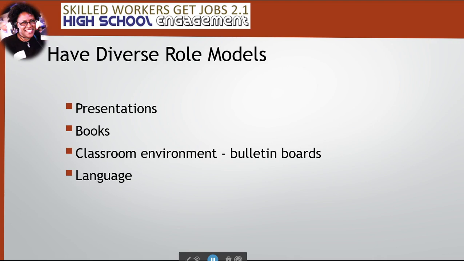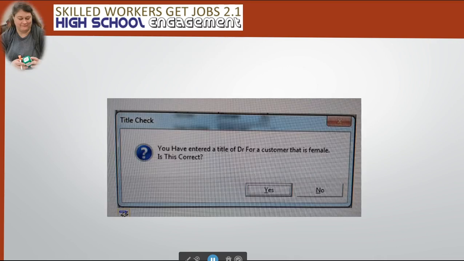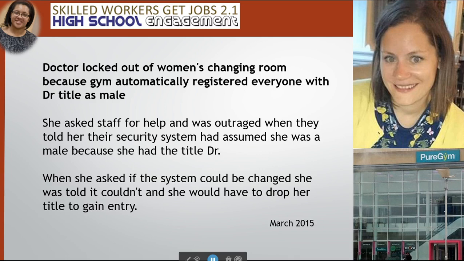And you also want to think about the language or the terminology that you use. This looks old, and a lot of you would say, well, that won't happen nowadays. Have you entered the title of doctor for a customer that is female? Is this correct? However, as recently as 2015, a doctor was locked out of the women's changing room because the gym automatically registered everyone with doctor as male.